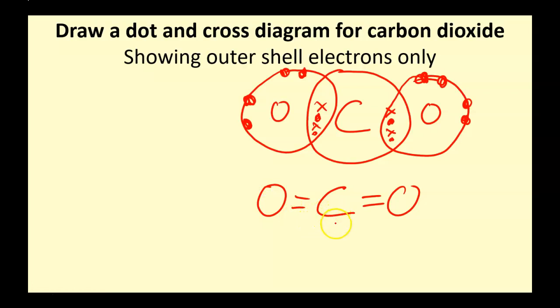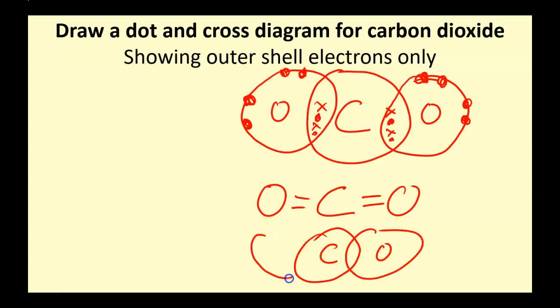If you remember that carbon is in group 4 and forms 4 bonds, oxygen's in group 6 and forms 2 bonds, it will be easier to go from here. So if I do it below, draw the carbons, the oxygens here, and put in my shared pairs of electrons, dot cross, dot cross, dot cross, dot cross. Carbon has obviously used all 4 outer shell electrons.